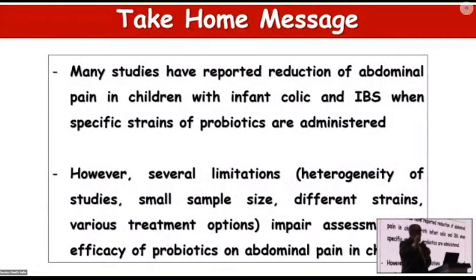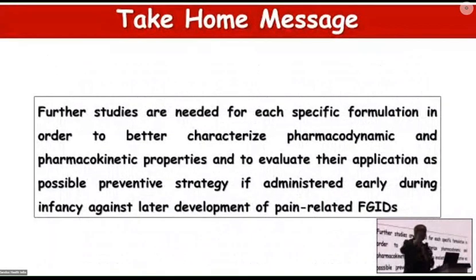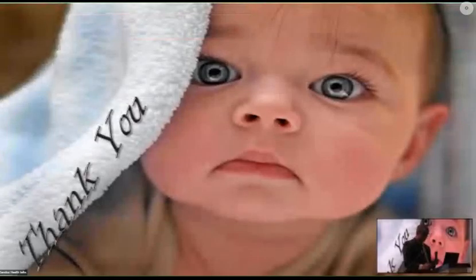But still, the heterogeneity of the studies, small sample size, different strains, and different treatment options impair the assessment. Finally, we need further studies for each specific formulation in order to characterize the pharmacodynamic and pharmacokinetic properties of each strain to evaluate their application as a possible preventive strategy if administered early in life, and this will be a great success of probiotics, and thank you.